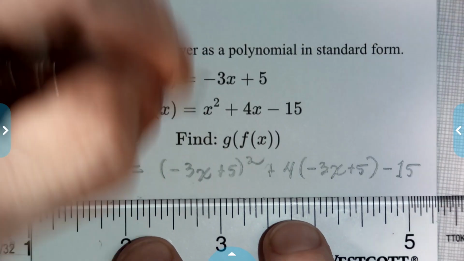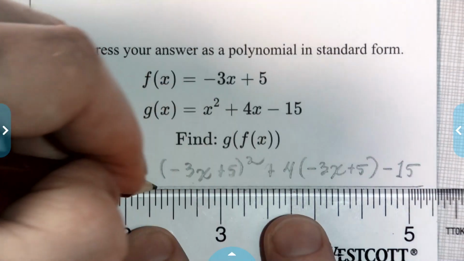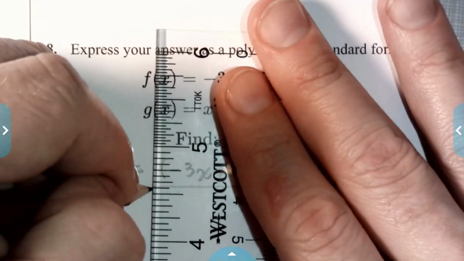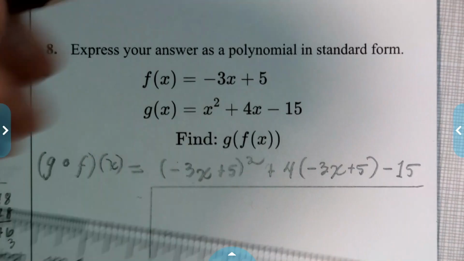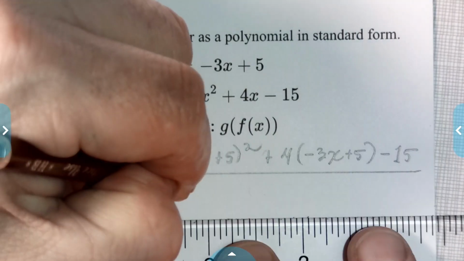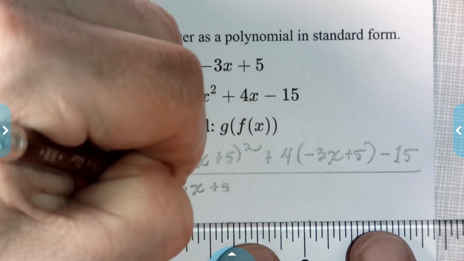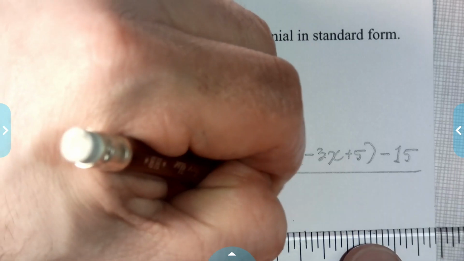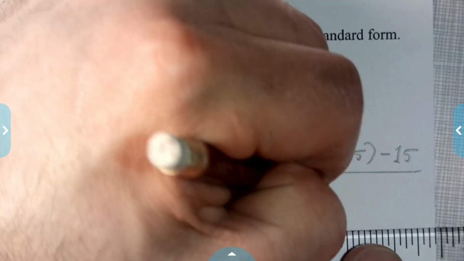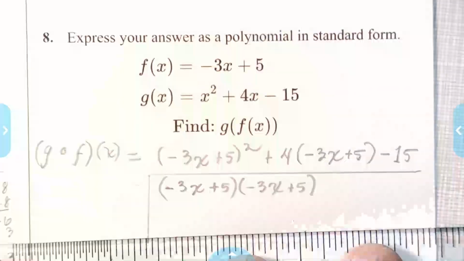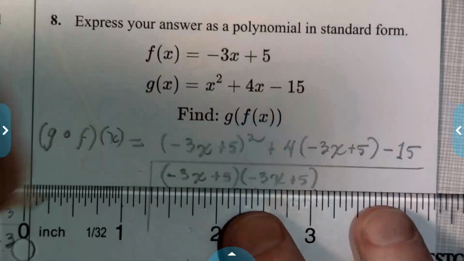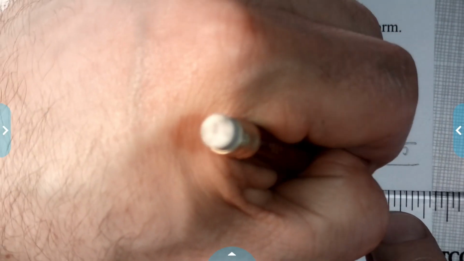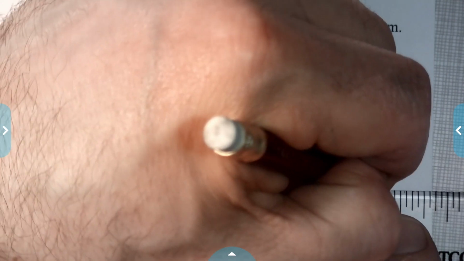All right, so we're going to carve out our little space here for doing this FOIL. We have negative 3x plus 5 times negative 3x plus 5. And we're going to use FOIL, okay? First, outer, inner, last.